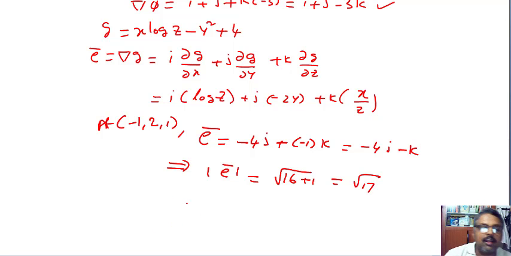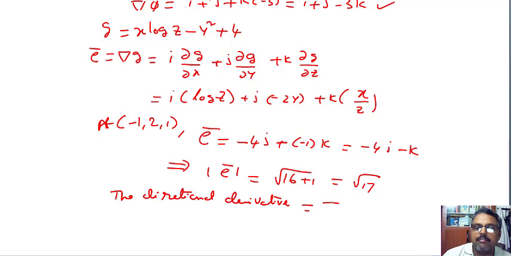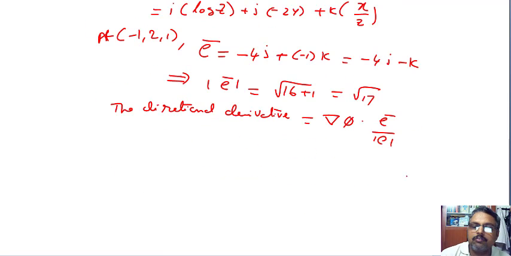Now finally, the directional derivative. What is the formula? Del phi dot e bar by mod e bar. Now what is del phi?